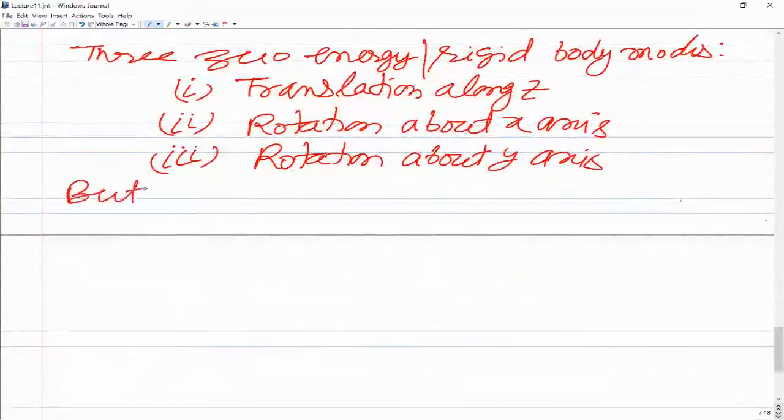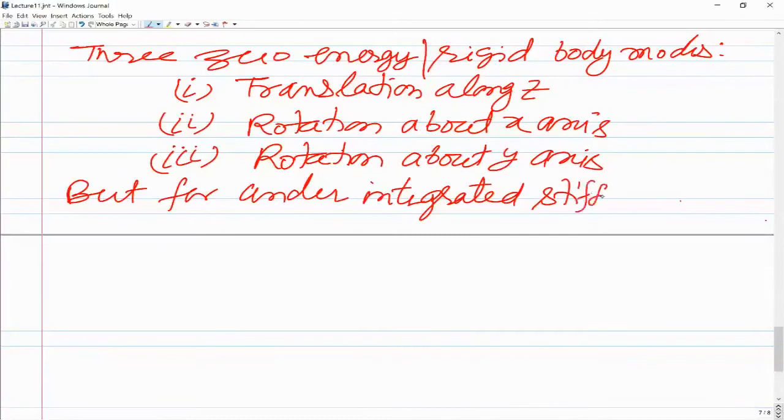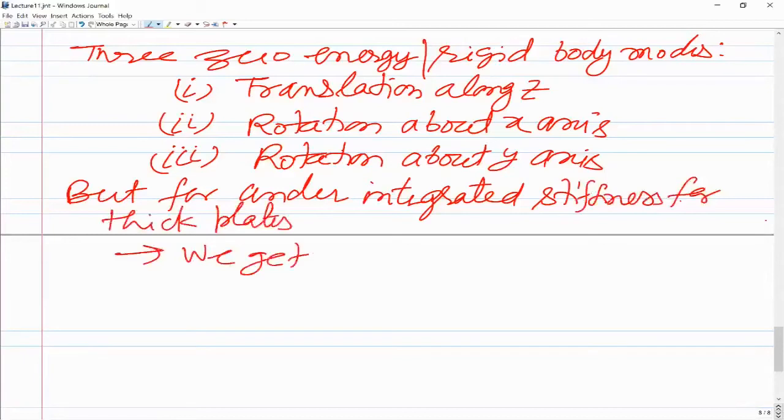What we see is that we get more than 3 zero eigenvalues.